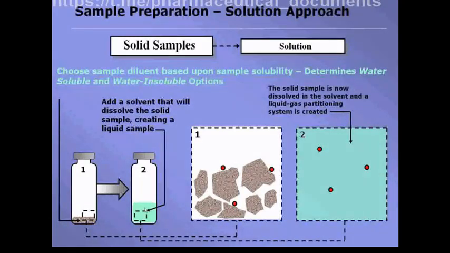We are then going to choose our option. Let's say, for example, we use water, the water-soluble option. What we then have is a solution where we have our analytes, our solvents, in that solution. And you can see how we've performed our sample preparation to create this liquid gas partitioning system, or a headspace. And from this liquid phase, we can then transfer our analytes into the gaseous phase for sample.